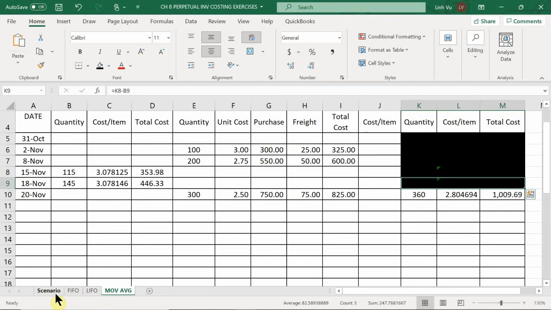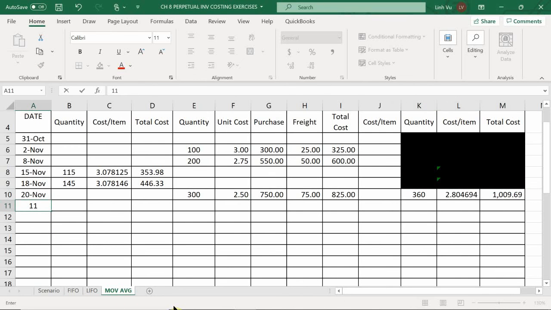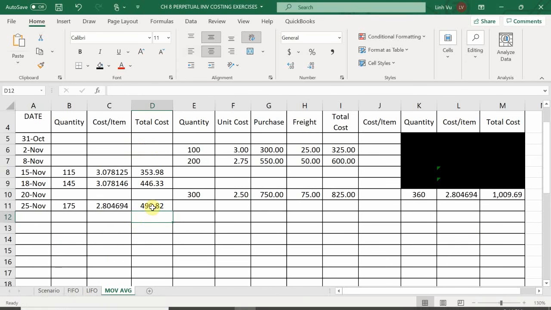So on November 25th, we sold 175 units at 2.8046944.